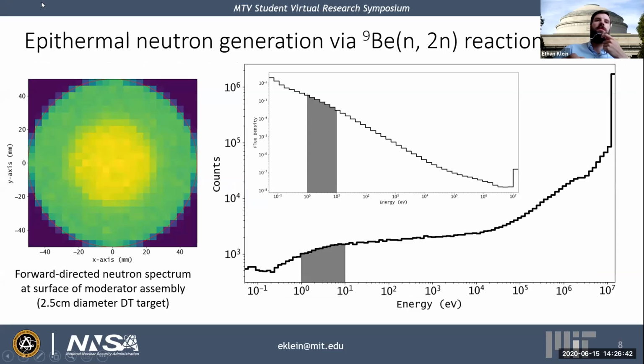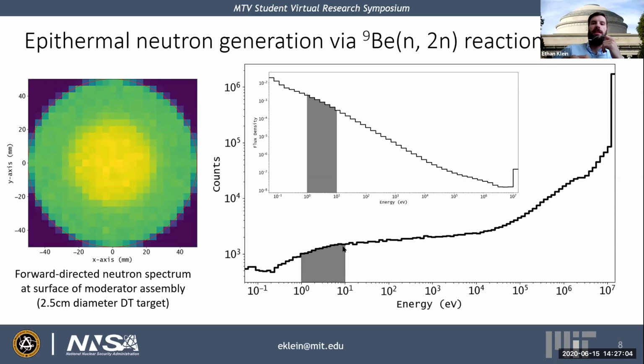And so again, the focus of this talk will mainly be on the actual epithermal neutron production. As I show on this slide, this is the spectrum for that moderation assembly that I showed on the previous slide. This is for the DT neutrons in the forward direction through 5 centimeters of beryllium and then 3 centimeters of high-density polyethylene.